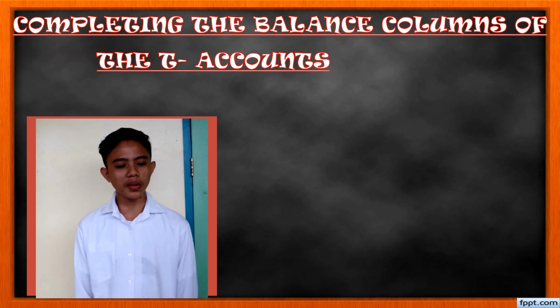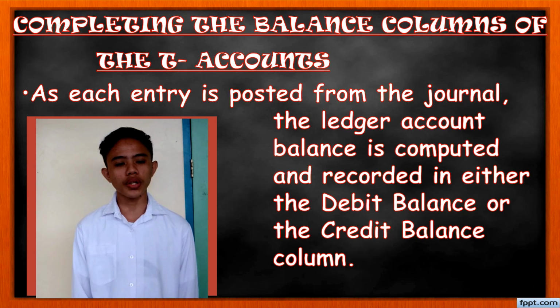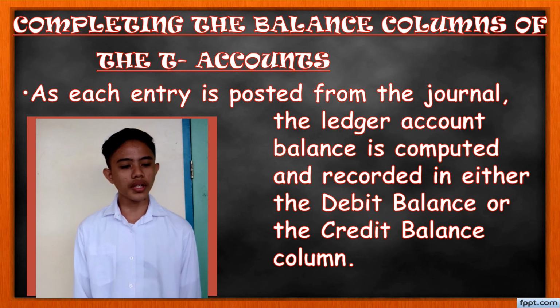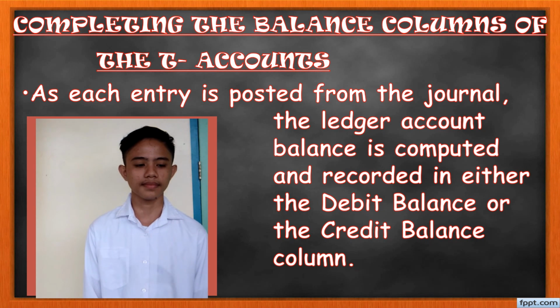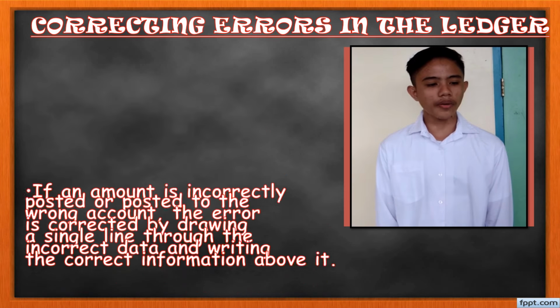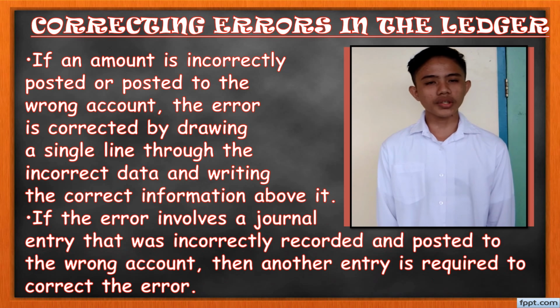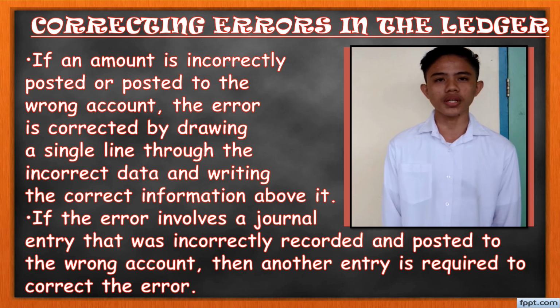Completing the balance columns of the T accounts. As each entry is posted from the journal, the ledger account's balance is computed and recorded in either the debit balance or the credit balance column. Correcting errors in the ledger. If an amount is incorrectly posted or posted to the wrong account, the error is corrected by drawing a single line through the incorrect data and writing the correct information above it.